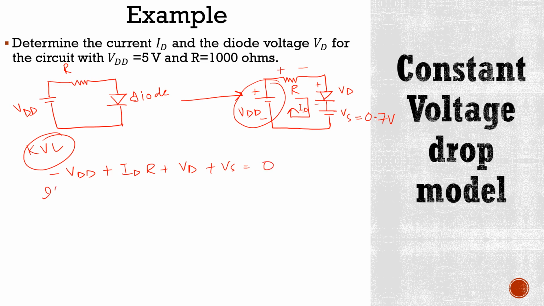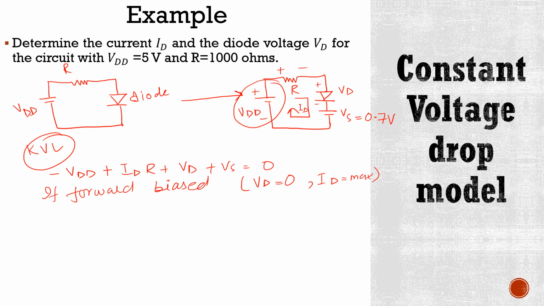If this ideal diode is forward biased, it means VD is equal to 0 and ID is maximum.